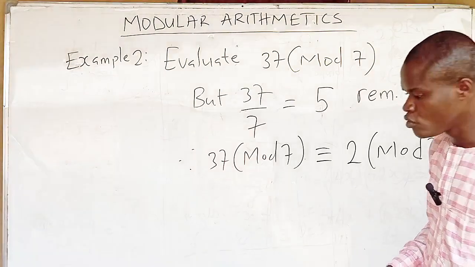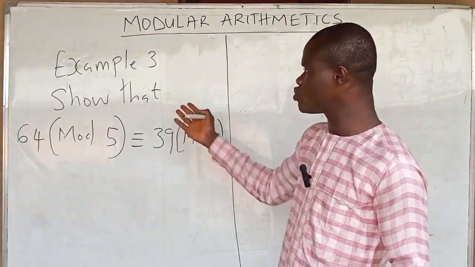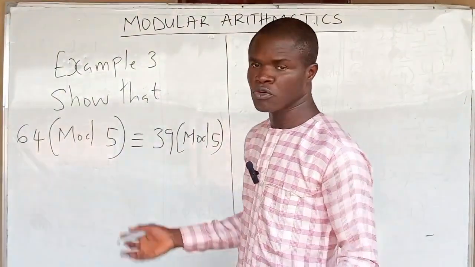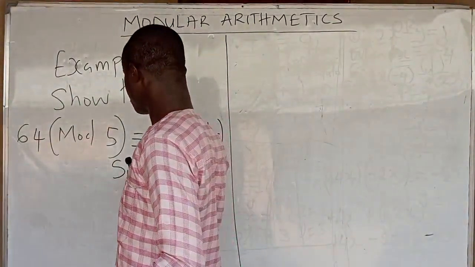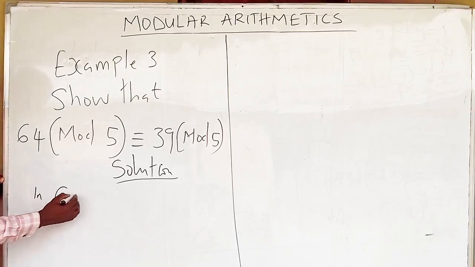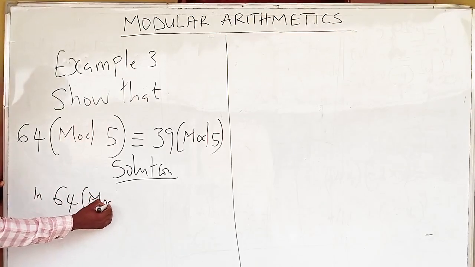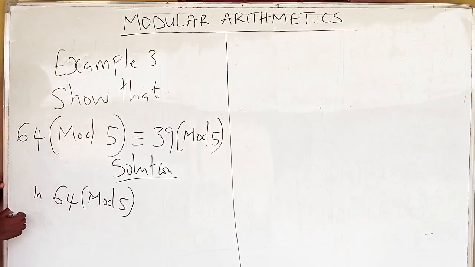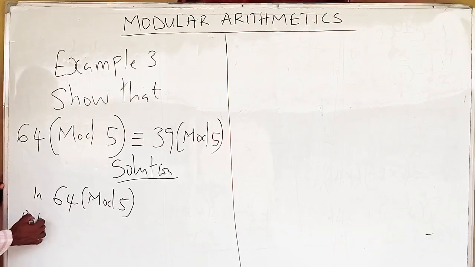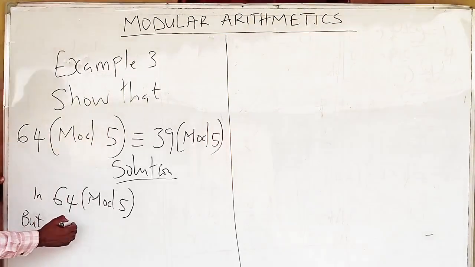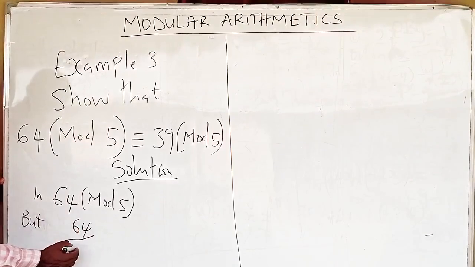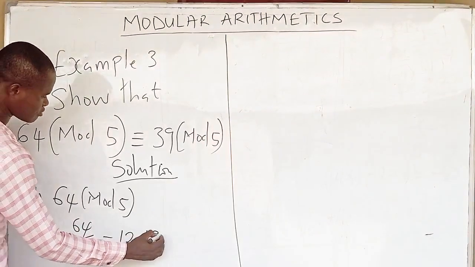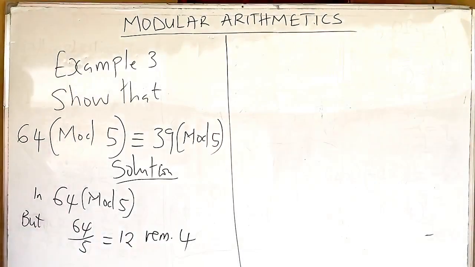So let's take another example. This is example number 3, we're asked to show that 64 mod 5 is equal to 39 mod 5. So we proceed as follows. Solution. In 64 mod 5, 64 divided by 5 will give us 12, remainder 4.